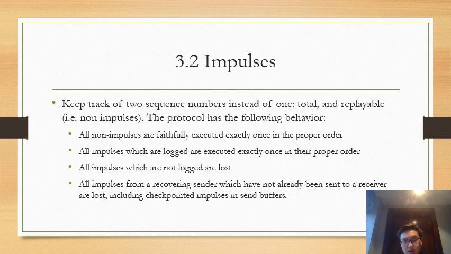And impulses are actually special RPC calls, which can only be called on fully recovered and operating immortal instances, which means impulses cannot be made during recovery. When receiving an impulse call, the arguments are recorded in the log before execution and will be replayed during recovery. The impulses will be lost.